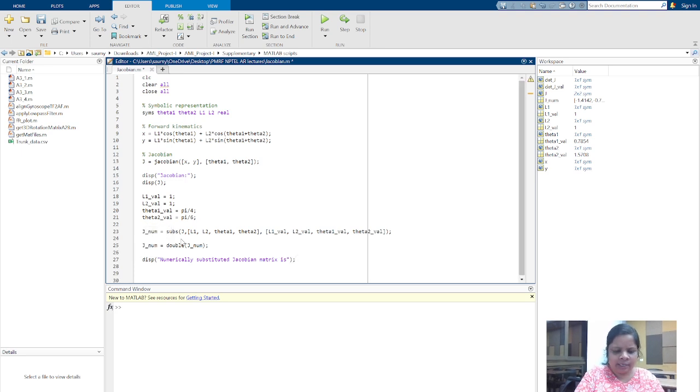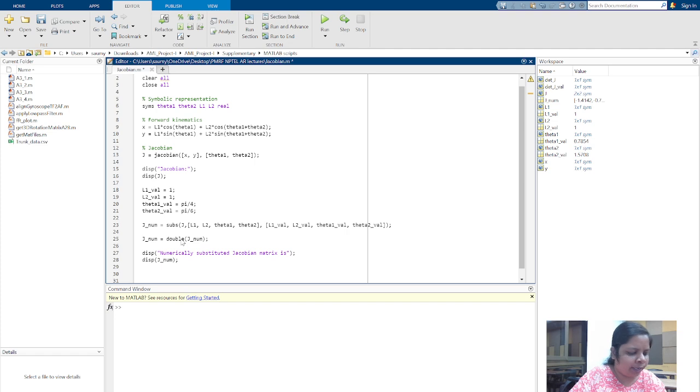Then I'll write display jnum. jnum had the value, right? Yeah. Okay, so we have calculated the Jacobian also.